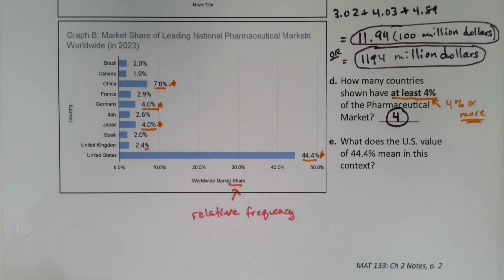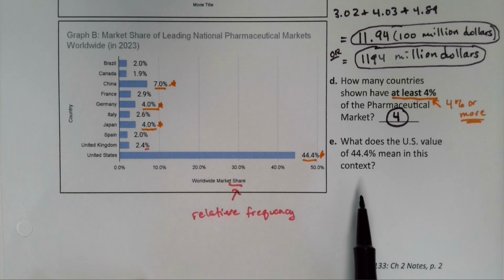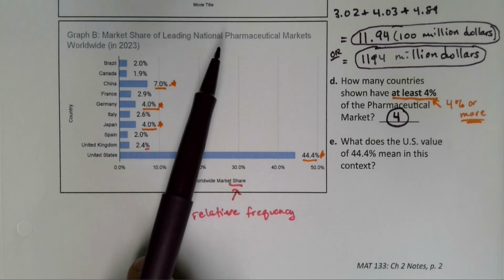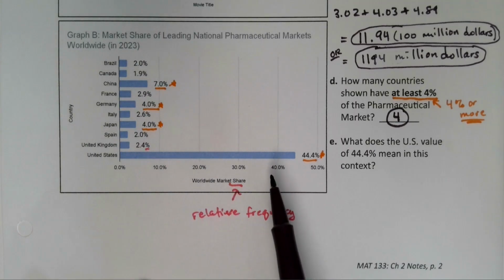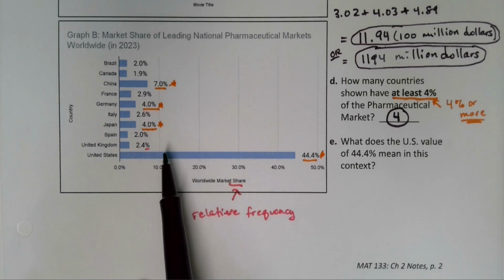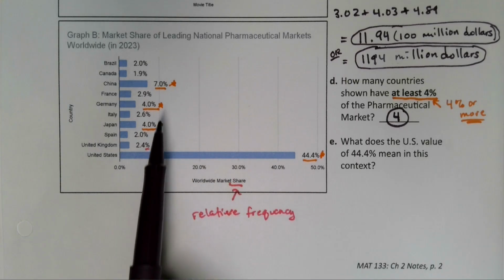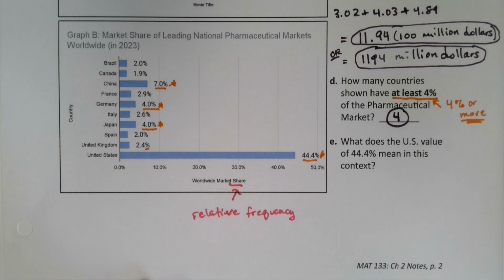All right, now what does the US value of 44.4% mean in this context? Well, it means that we are way larger than the rest. These are the leading national pharmaceutical markets. And the US is more than 4 times as big as the nearest competitor, which is China.